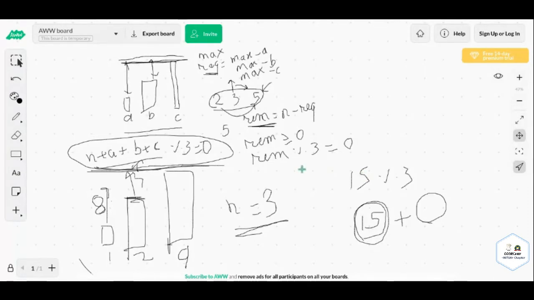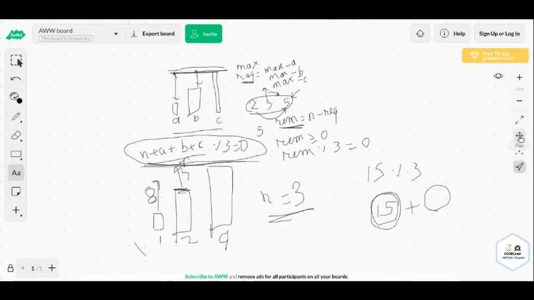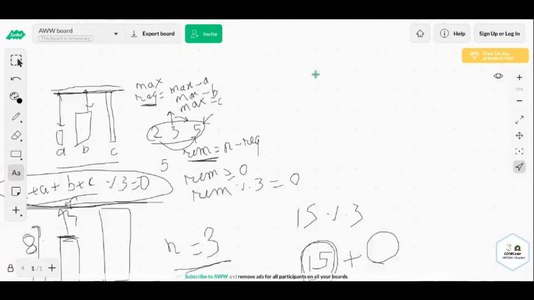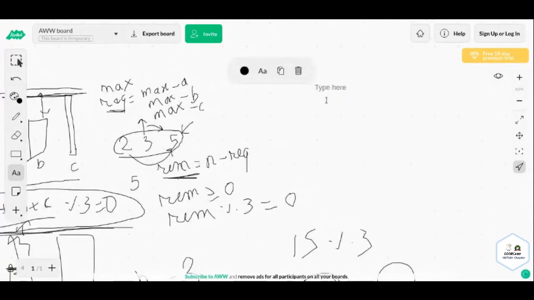So let's write the code. Let n, a, b, and c be the given inputs.